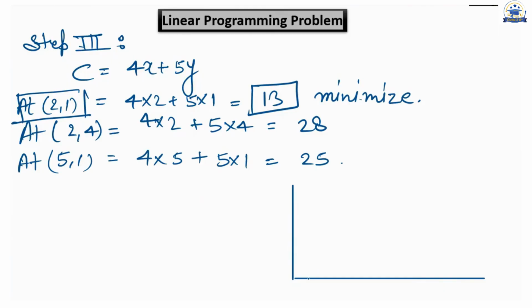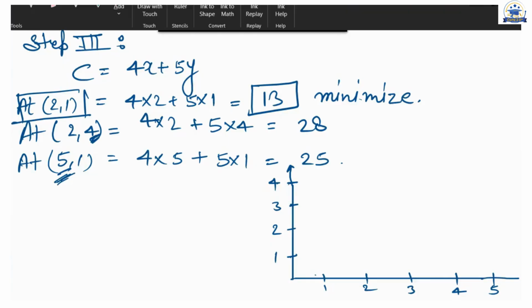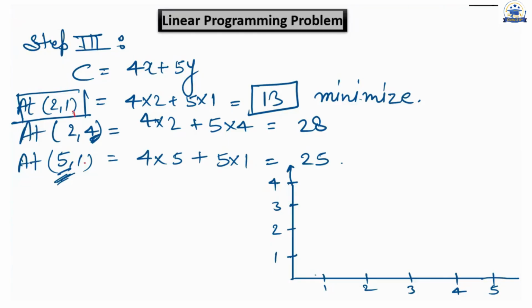So 1, 2, 3, 4, 5, because we have 5 on the x-axis. 1, 2, 3, 4, because we have 4 on the y-axis. See? So I think that's enough. Now we can plot the graph. The first point is 2, 1.